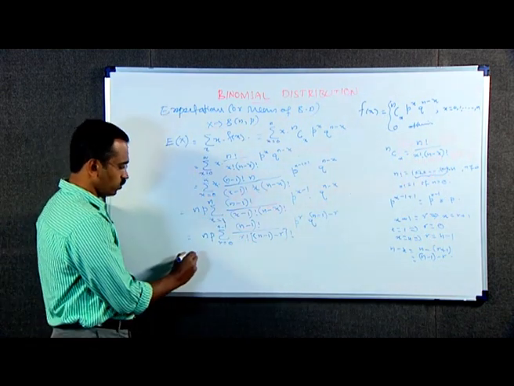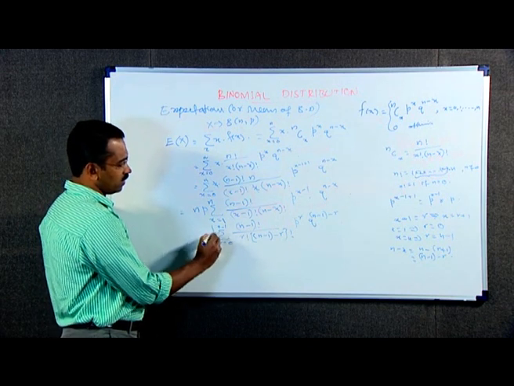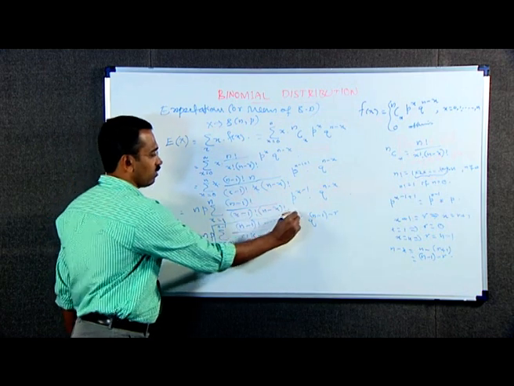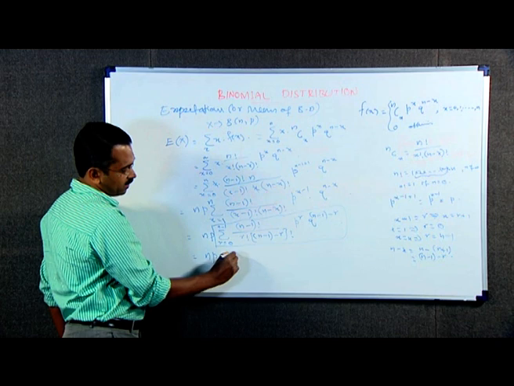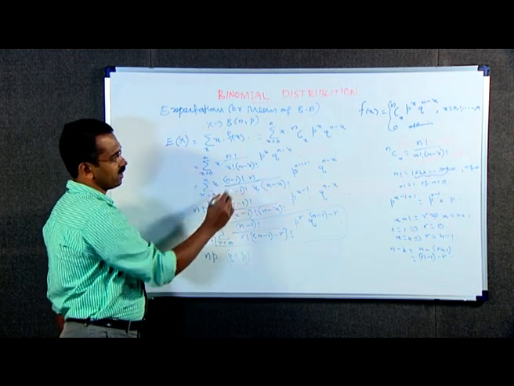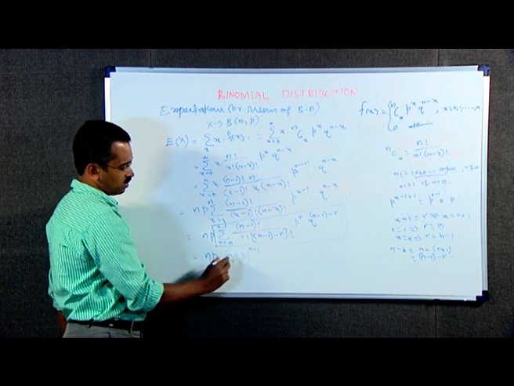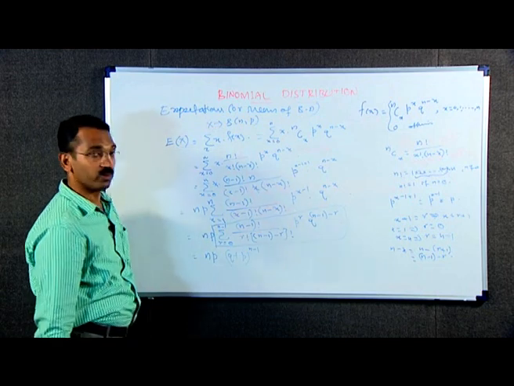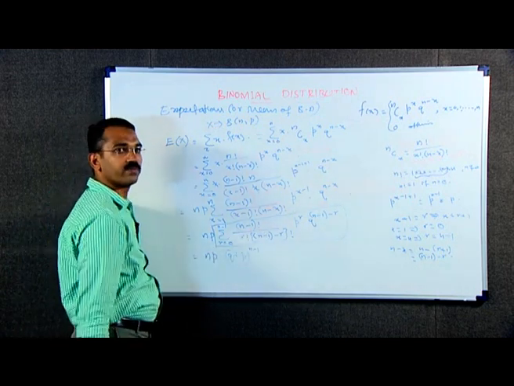This is equal to n p into, this is the binomial expansion of q plus p raised to n minus 1.